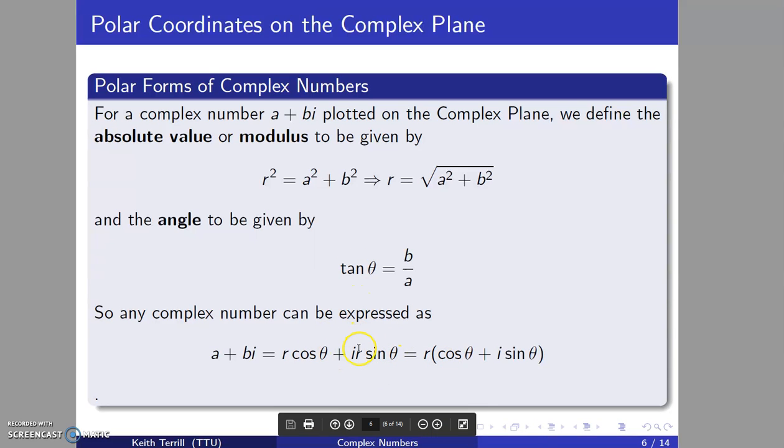So I just write i out over here so there's no doubt. And of course, when we factor out the r, this is your standard polar form of a complex number. r is your distance from the origin, theta, your angle of rotation.